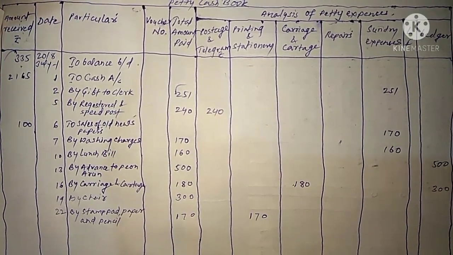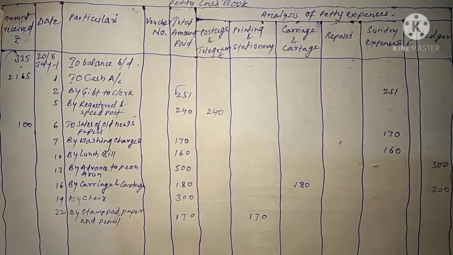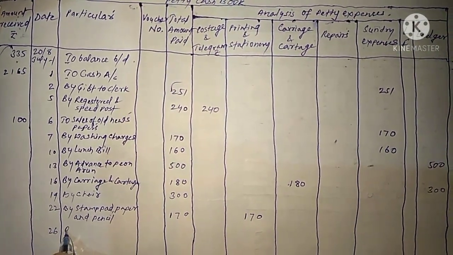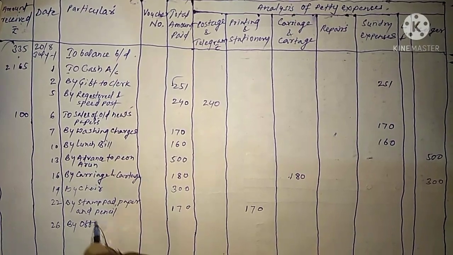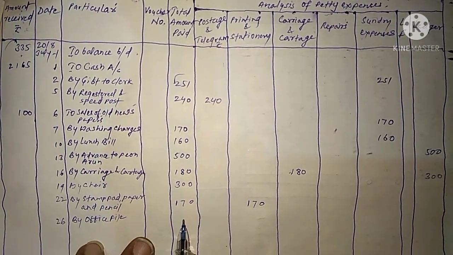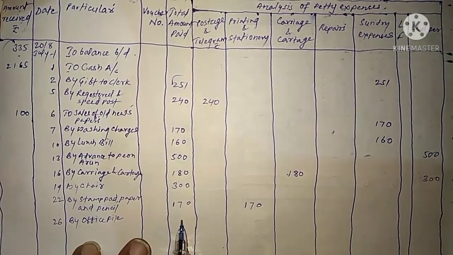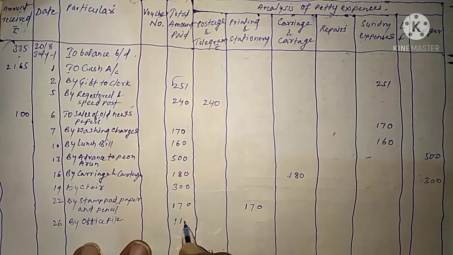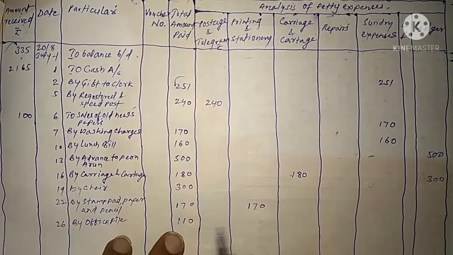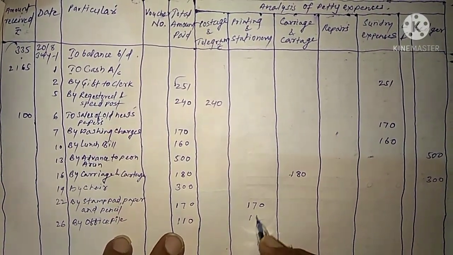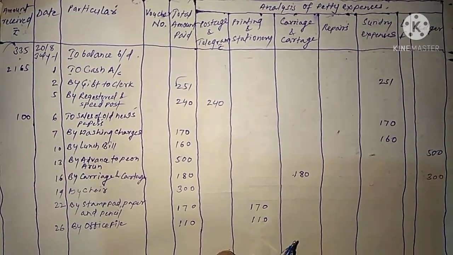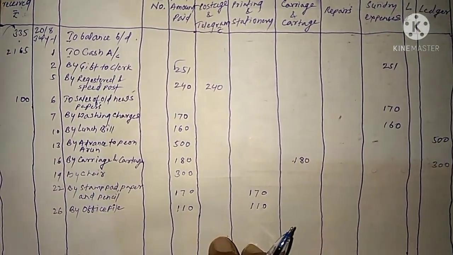And then next transaction is the 26th July. Purchase office file by office file, and in amount paid we have to put 110. Office file will also we have to transfer to the printing and stationery, and the transaction on 30 July, paid for repairs of machinery.